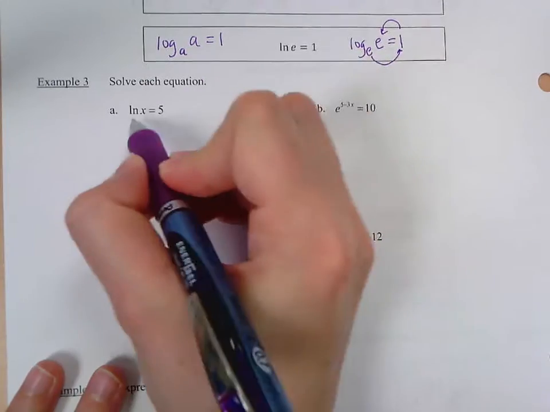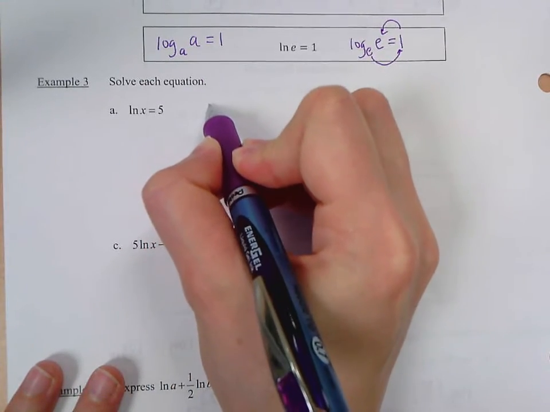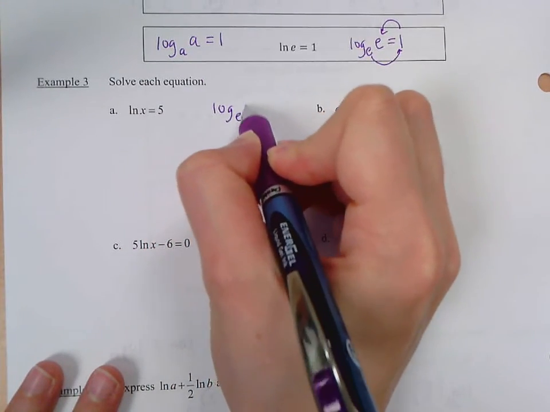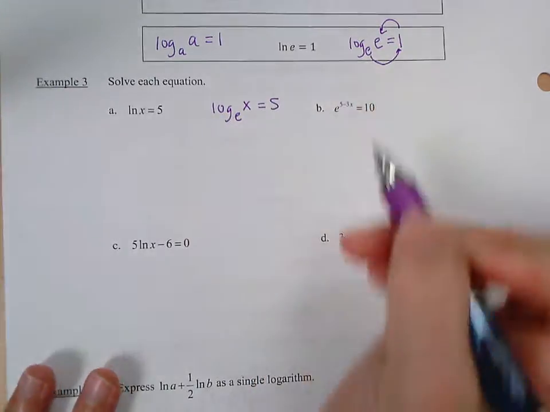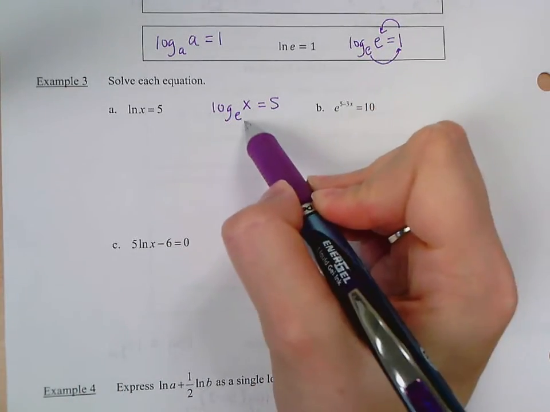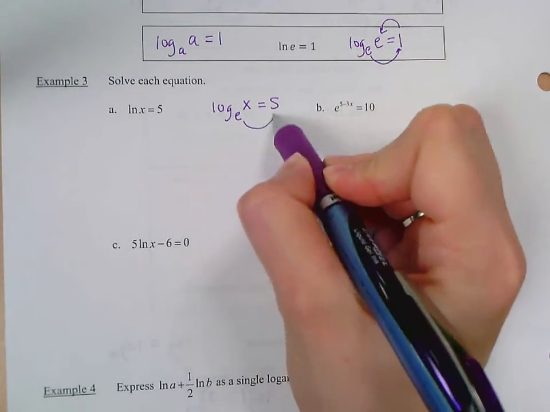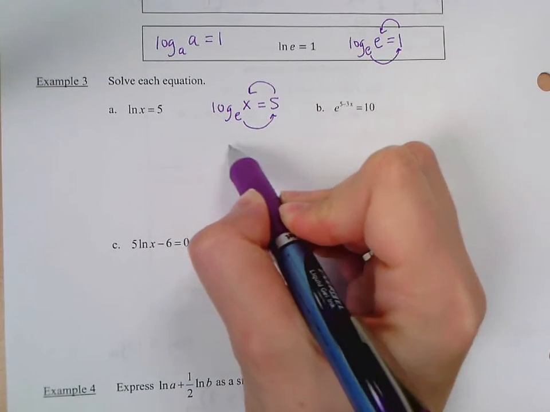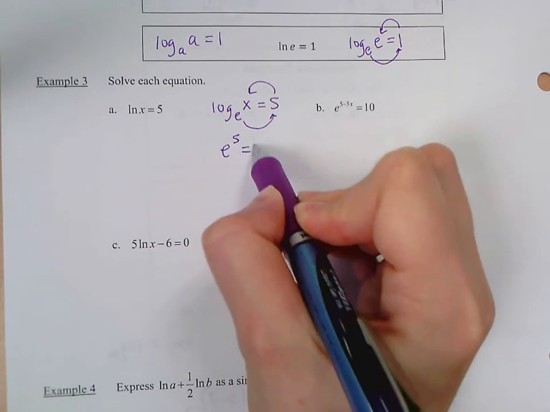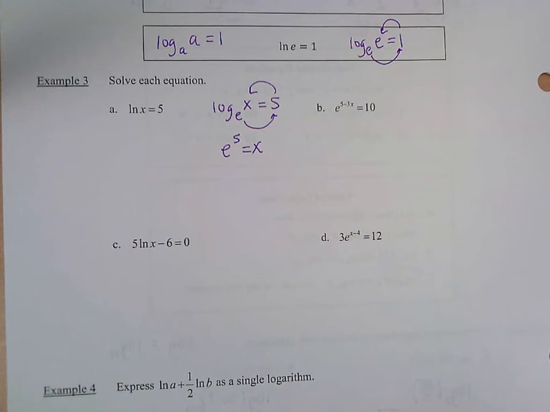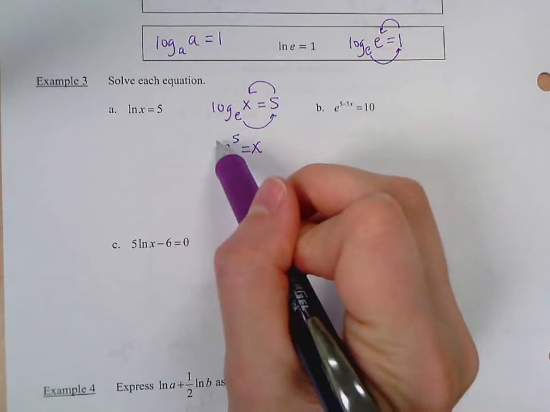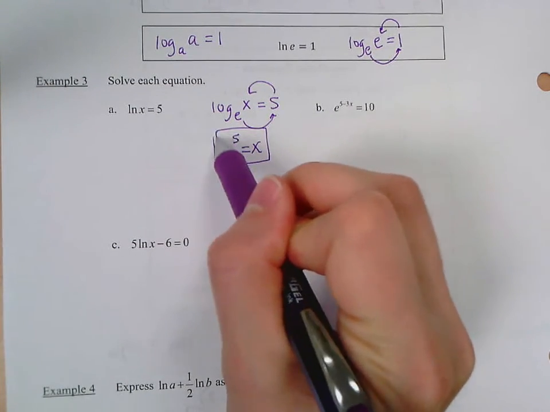Because natural log of x is log base e of x, I could write this as an exponential equation, and it turns into e to the 5th power is equal to x.